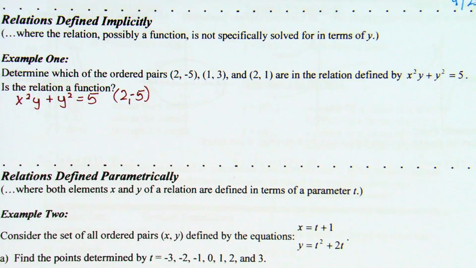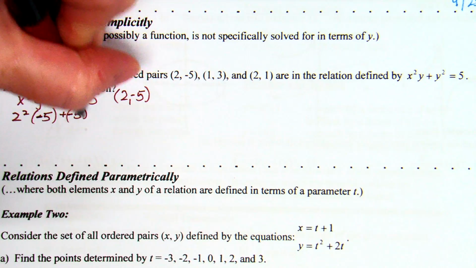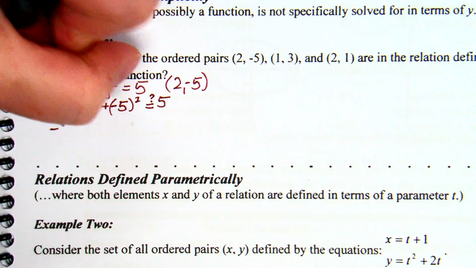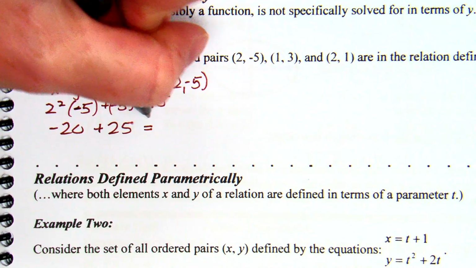is (2, -5), which means 2 is going to go in place of x, and -5 is going to go in place of y. I'm probably going to write out more work than most of you would prefer. Sorry. So 2 squared times -5 plus (-5) squared, and we're asking ourselves, does this equal 5? 2 squared is 4 times -5, -20, plus (-5) squared, 25.